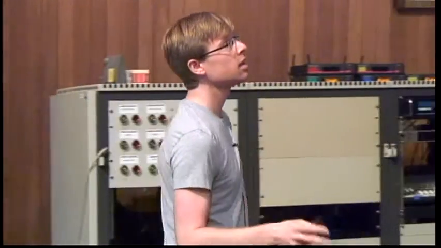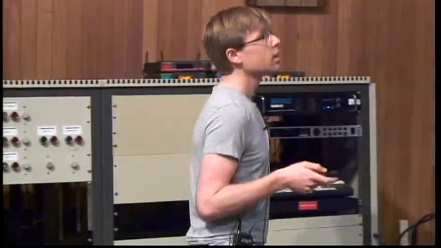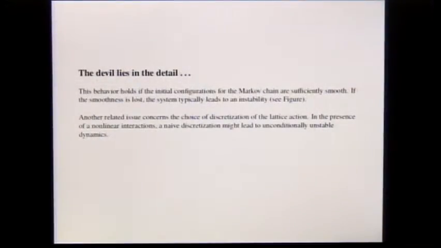The second thing concerns the choice of discretization, which is, again, something which doesn't usually pop up in equilibrium Monte Carlo. Here, in particular in the case of non-interactions, it might lead to unconditionally unstable dynamics. So you might actually choose a discretization of the action that we looked at previously. You would guess that it's perfectly fine, well-defined.